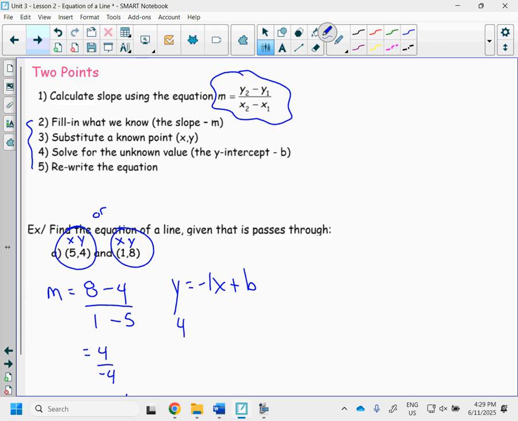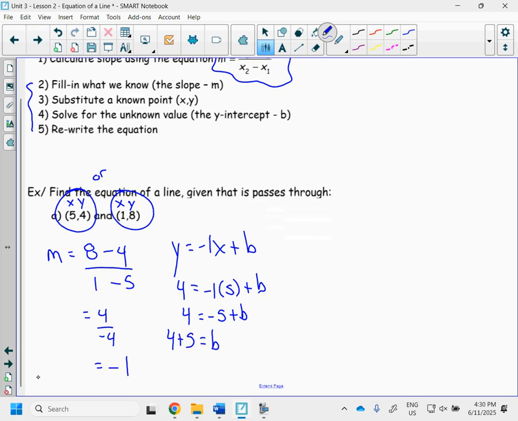I use 4 for y and 5 for x. I'm going to solve this. Negative 1 times 5 is negative 5. Numbers on one side, letters on the other. So I move that 5 to the other side by adding it. That gets me b is 9, or in other words, y equals mx plus b. Done.